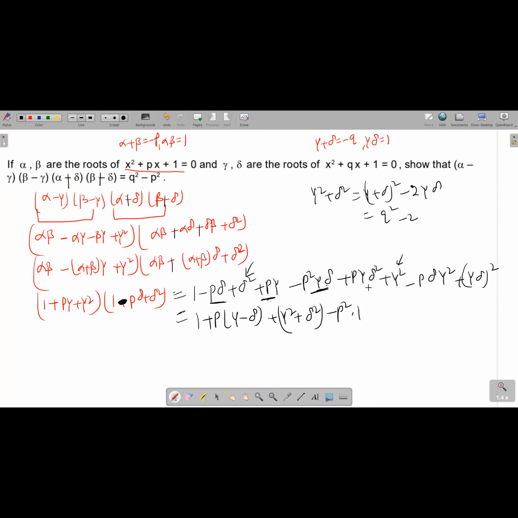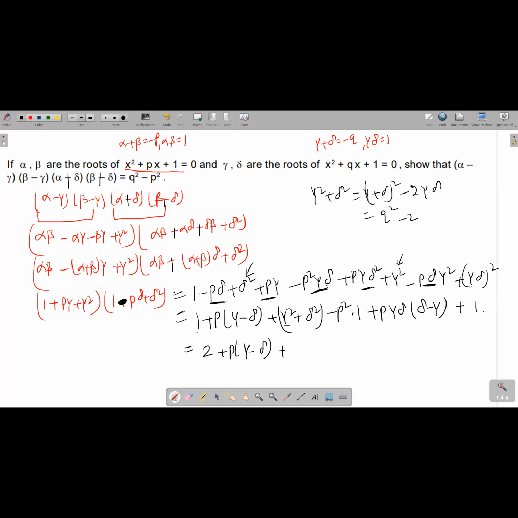Put 1 here. And in this term and this term, you can take p gamma delta out. This is delta minus gamma. And here it is 1 square. So 1 plus 1, that is 2 plus p gamma minus delta.